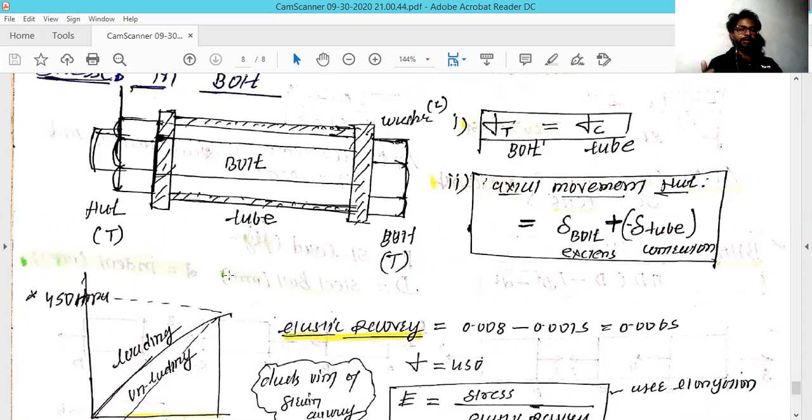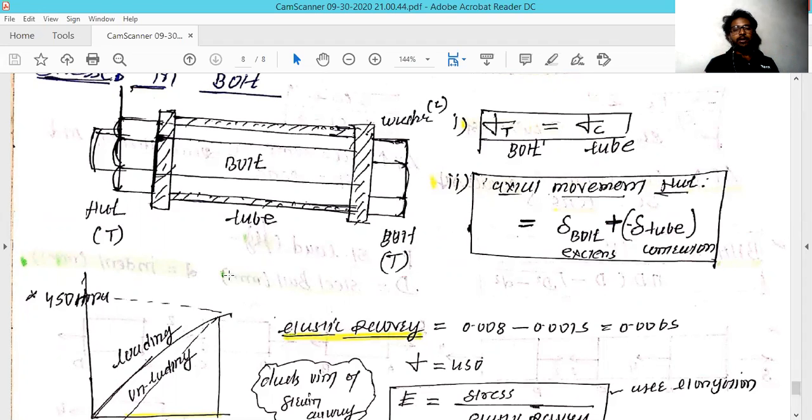Sorry, so when you tighten that nut, the bolt is going to get elongated by a small fraction, and the remaining is the compression, where the length of the tube is reduced. If you add these two together, it gives the actual movement of the entire span.